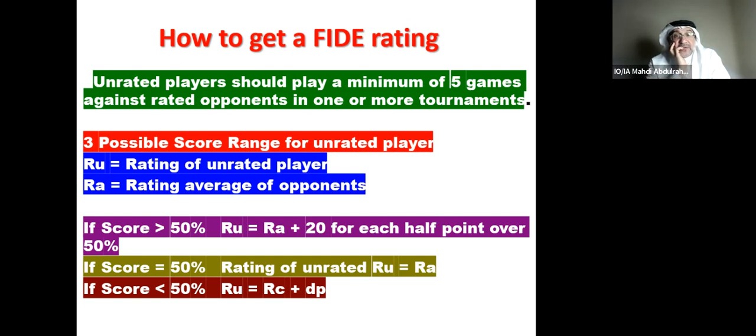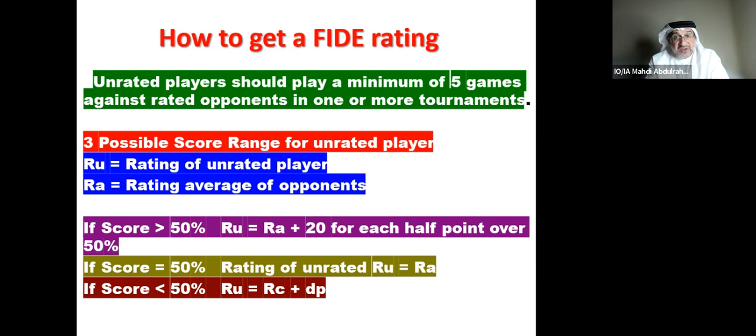If I play with 5 rated players and I scored 3, I beat 3 and I lost to 2, so here I have more than 50% of the score. I have to calculate the average rating of the opponents, plus for each extra half point, we add 20. So if we said 3 out of 5, this means I have a half point more.